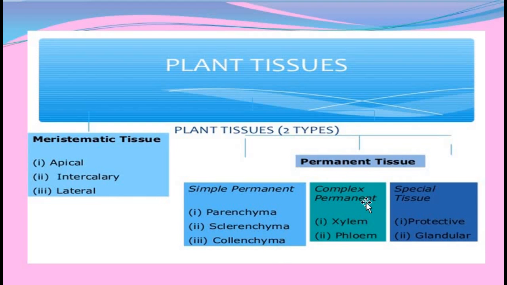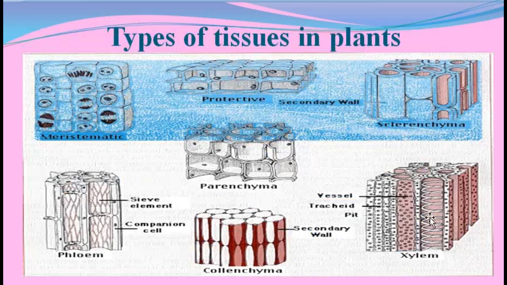The second one is called complex permanent tissue, which includes xylem and phloem, which are the vascular tissues. Then the third category is called the special tissue, which includes the protective tissues and glandular tissues.